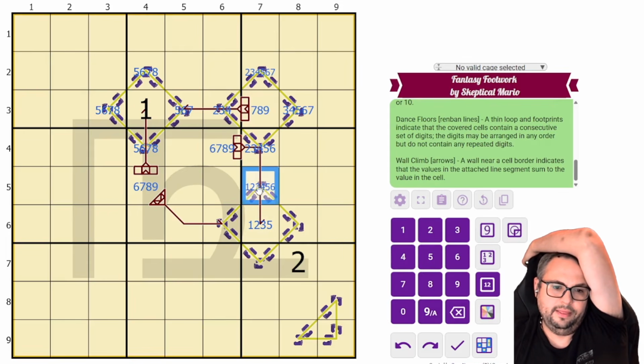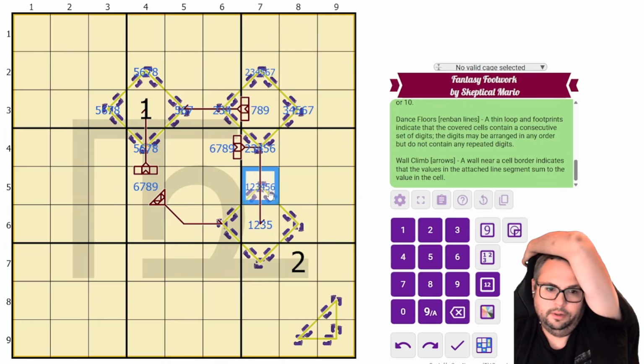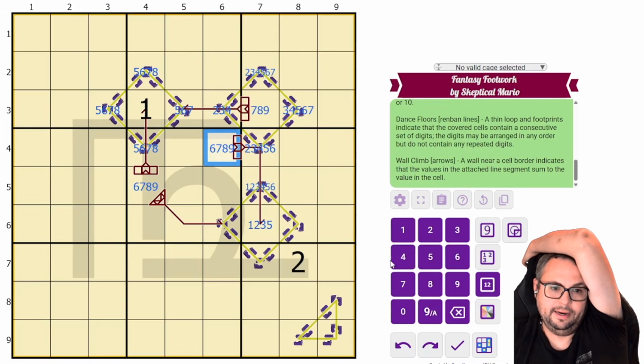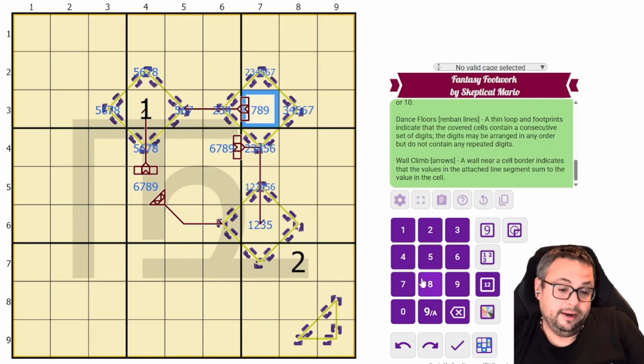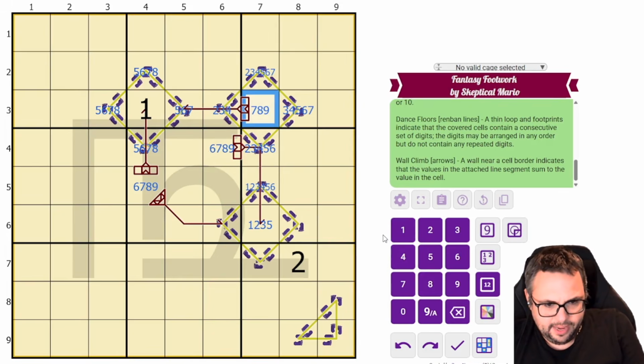If this is a 3, then this number is already at least 4 because of the Renban, which would have to go 3, 4, 2, making that a 9. And that a 9 for that matter, but I don't think that's that interesting.